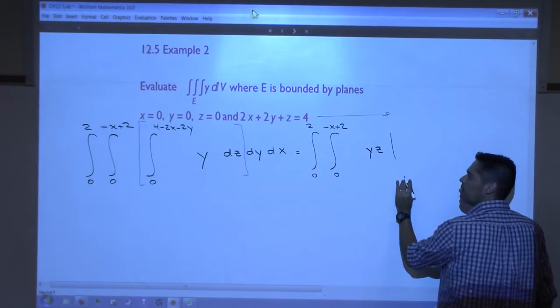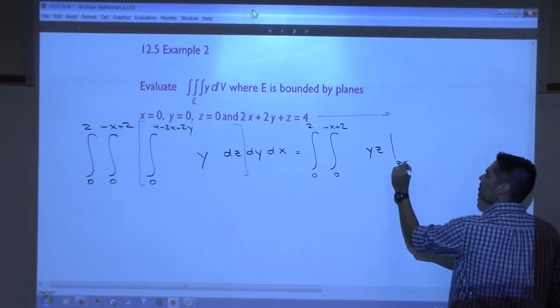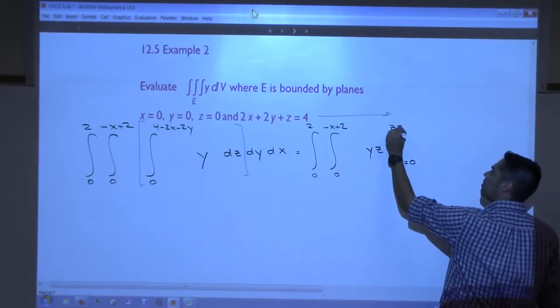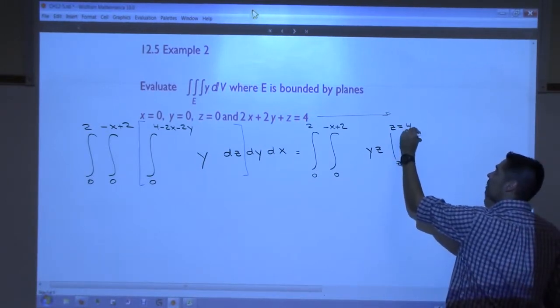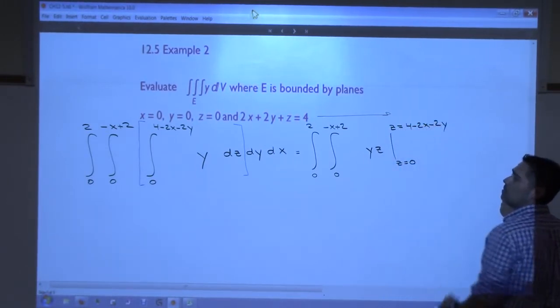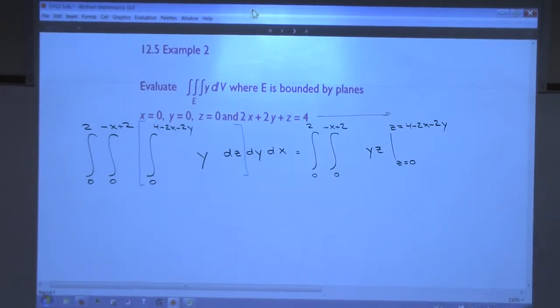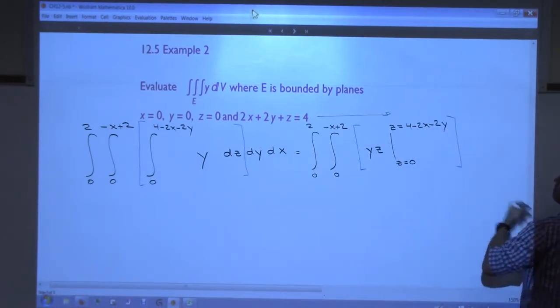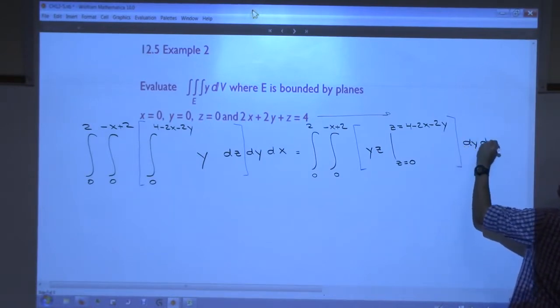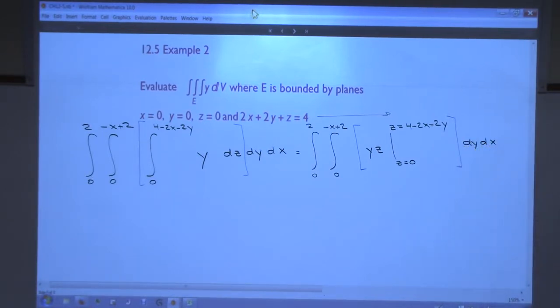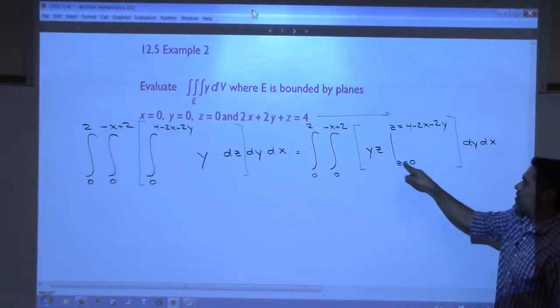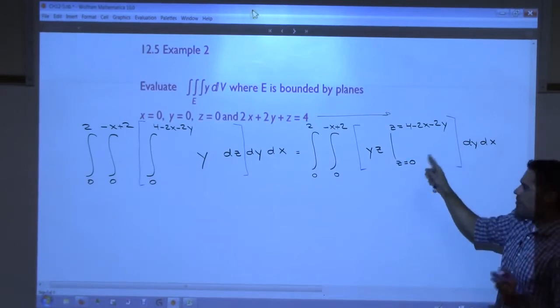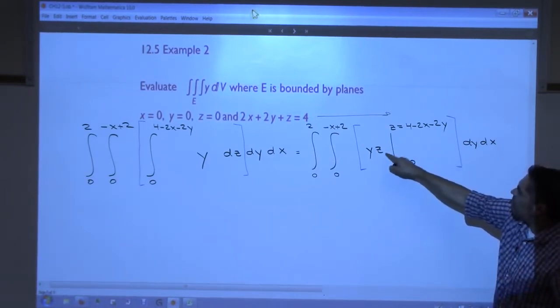And then from z equals 0 to z equals 4 minus 2x minus 2y. That's what I've got to do. And then I still will need to do dy dx after I'm done. So replace z with this, and then we replace z with 0. Thank goodness for the 0, I don't have to worry about that. So just z right here.